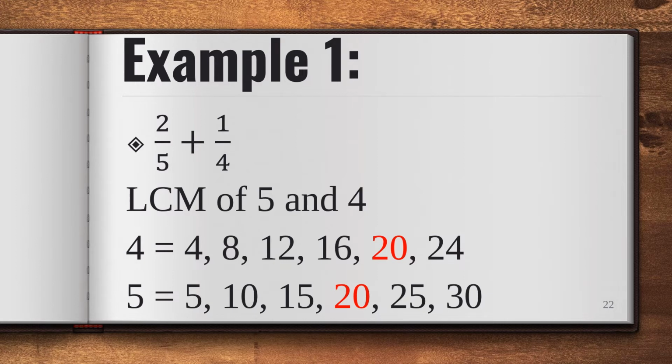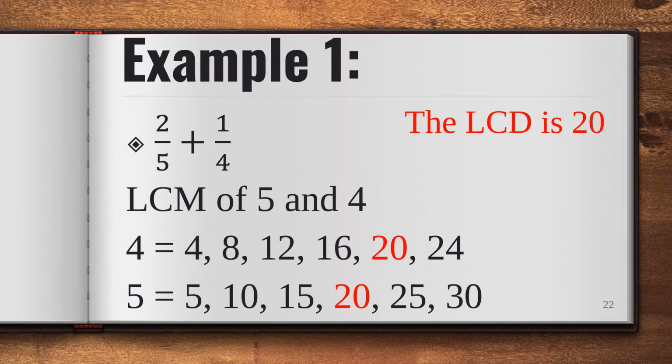Since we are looking for the least common multiple, we take the lowest multiple that is common to both 4 and 5. So in our case, the least common multiple of 4 and 5 is 20. This 20 will now be the least common denominator of our fractions.